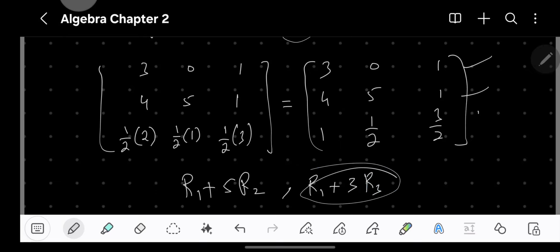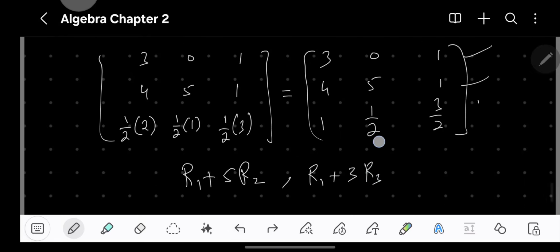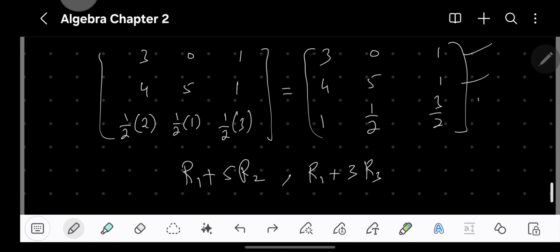You can choose any kind of combination and replace any row with it. We will do these kinds of operations in the upcoming examples. So let's do an example properly.